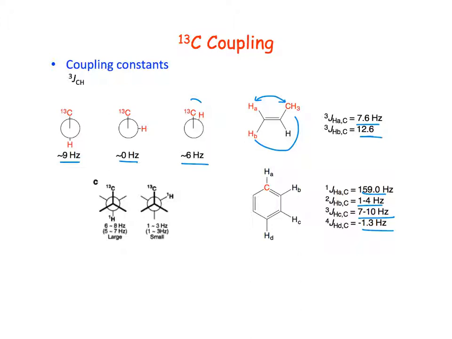So you can run an experiment that optimizes for the 1 bond coupling, because the 1 bond coupling is so much different than the 2 or 3 or 4 bond couplings. Or you can run an experiment that optimizes for the 3 bond coupling, because that, again, is slightly different from the 2 bond or the 4 bond couplings. So you take advantage of these different sizes of coupling constants.